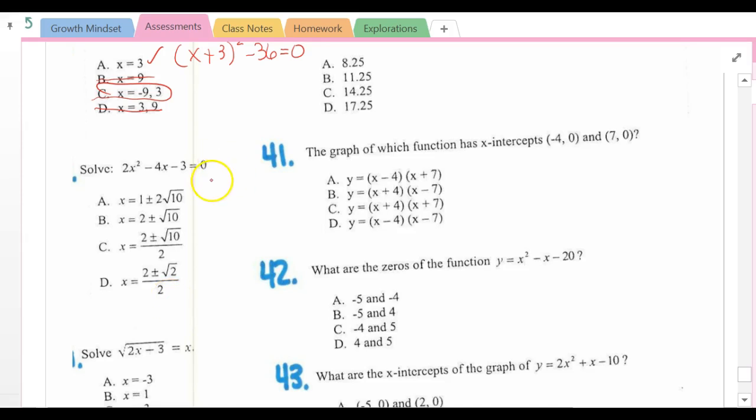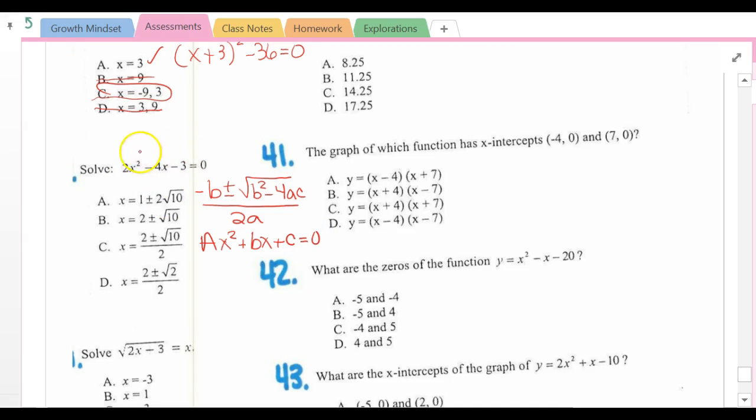And to review the quadratic formula, it's the opposite of b plus or minus square root b squared minus 4ac all over 2a. And remember, in a quadratic, it's ax squared plus bx plus c equals 0.